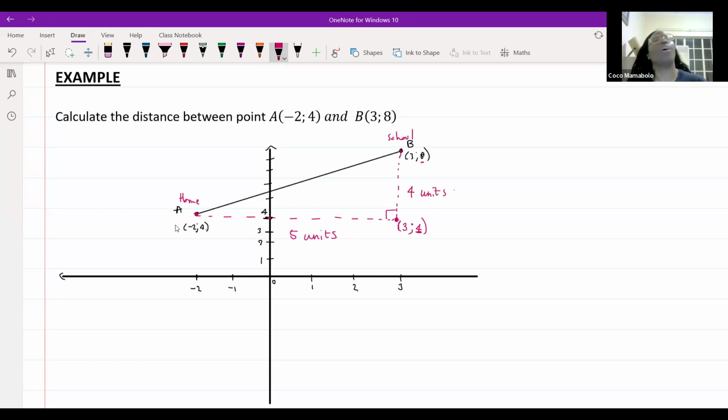All right. Now, I can then use Pythag to find the value of AB, right? So when I look at the distance formula, what the distance formula is actually telling me is you are using Pythag to find the difference between the two numbers. We're finding the difference between the two numbers. So I'm going to say the difference between 3 and minus 2 plus the difference between my y values, the difference between 8 and 4, all squared.